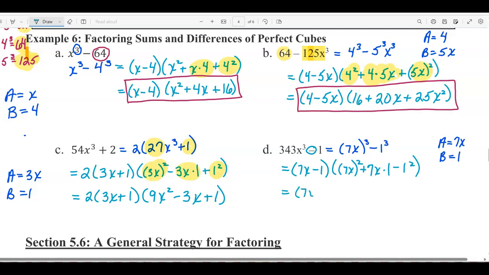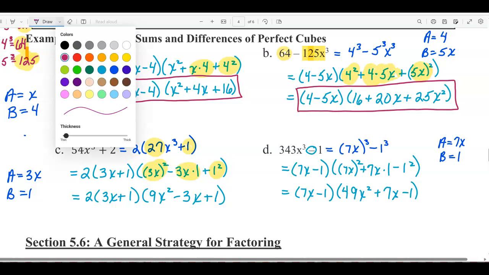Simplifying those second terms, 7x squared, remember 7 squared is 49x squared, plus 7x, plus 1. So we're all simplified here, and these are our final factored answers for the sum and difference of cubes.